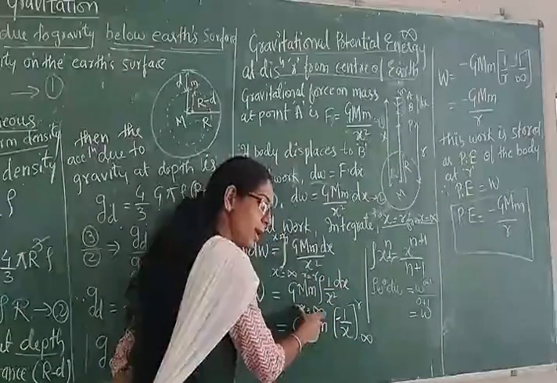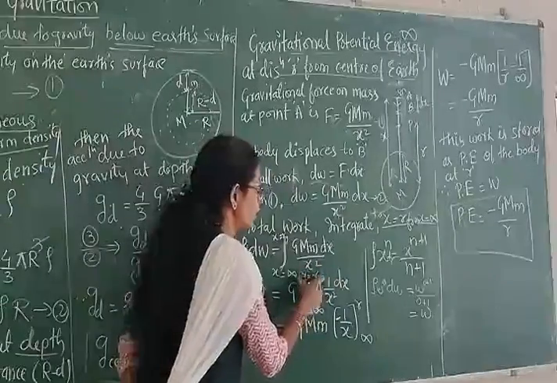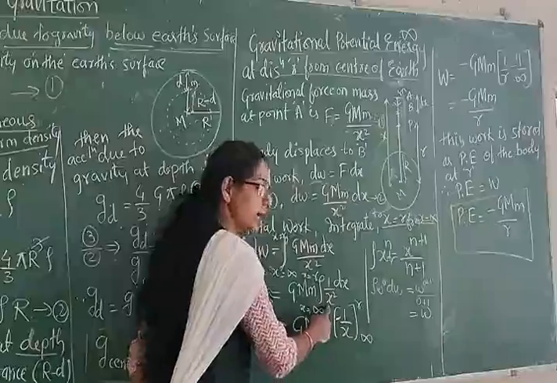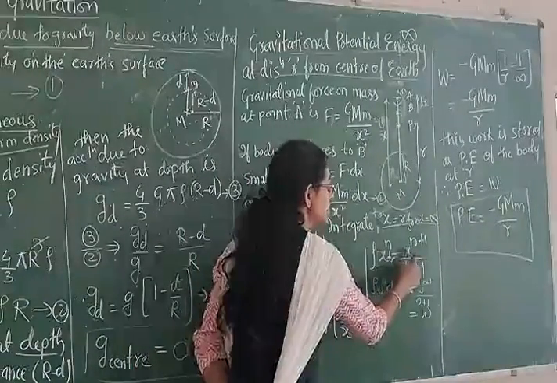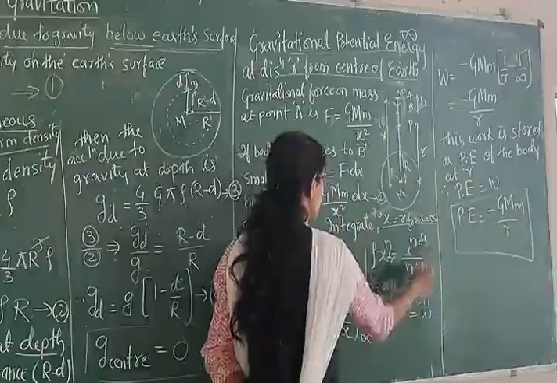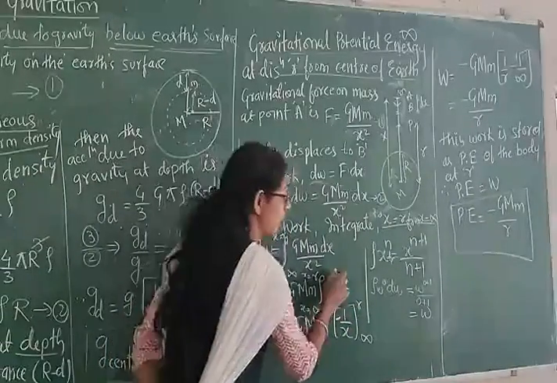This is known as the lower limit, that is the initial value. This is known as the upper limit, the final value. When I apply integration to this factor, x is a variable, so I have kept it inside the integration. When I apply the formula here, the term will become x to the power n, where n is minus 2, so minus 2 plus 1. Okay, x is in the denominator. When it is brought above, it will become minus 2.